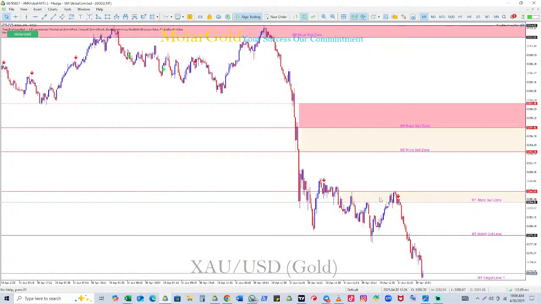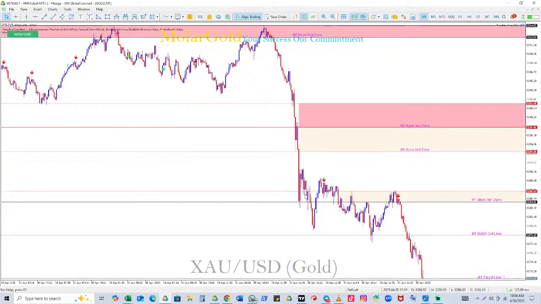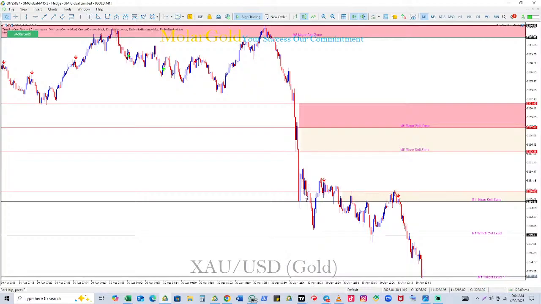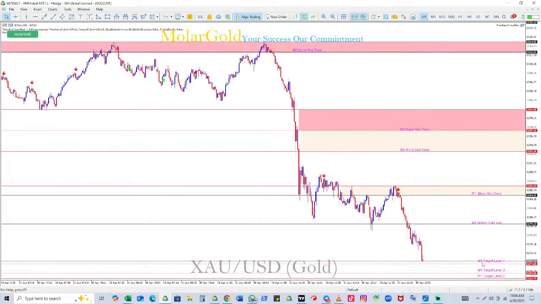Now, you see these lines. They always have alerts on. So even if you are not watching the chart and you hear the alert, you know that something is happening. And note, the target levels are very powerful.